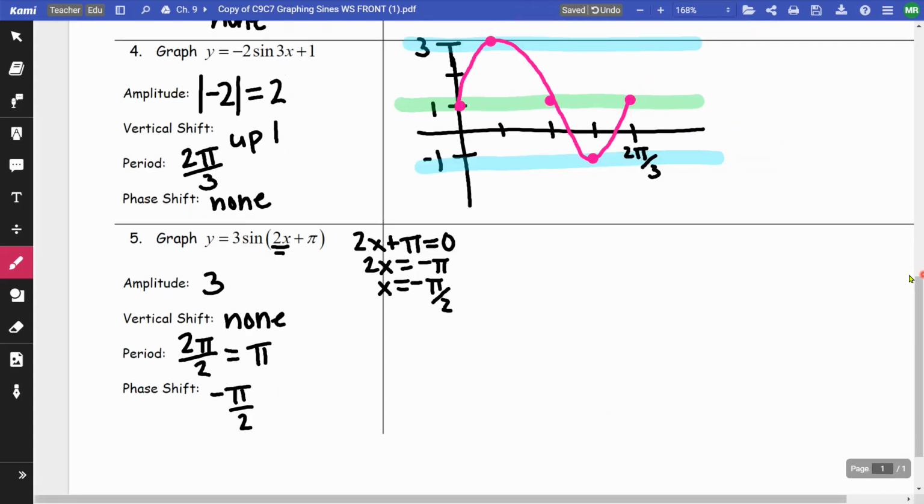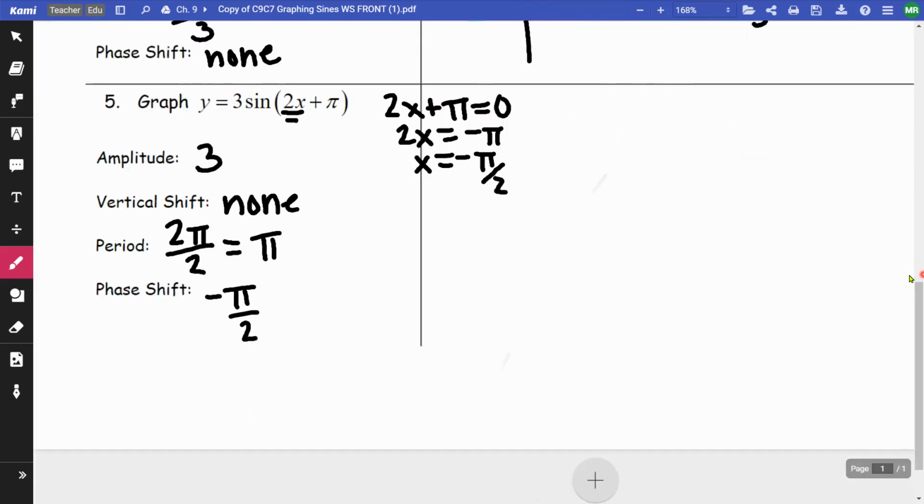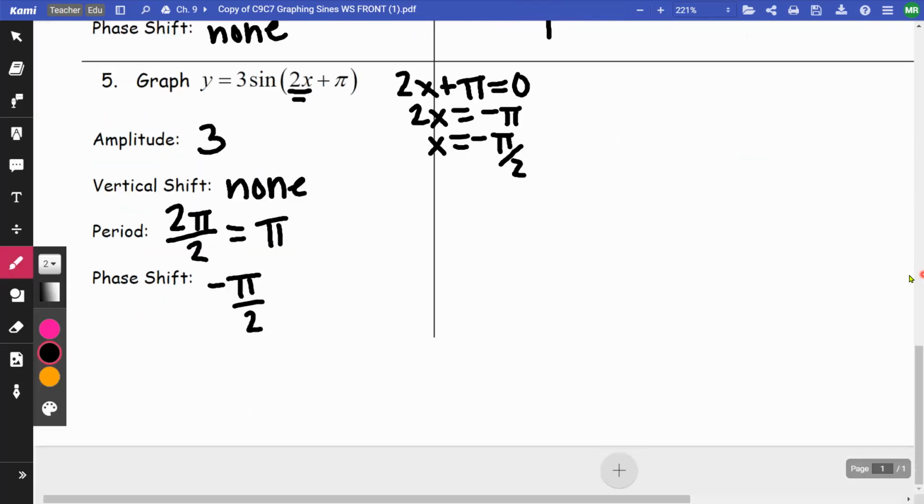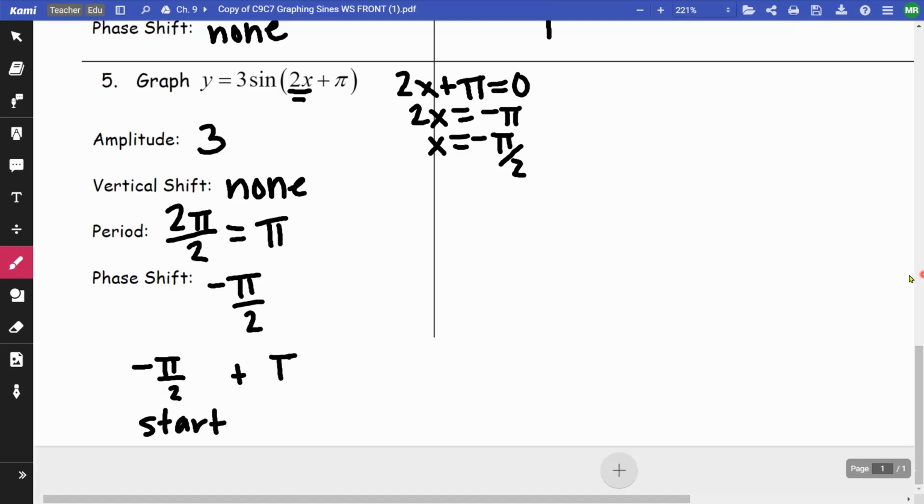Okay, so this one's going to be shifted. So I'm going to be starting at negative pi halves. That's my start. I'm going to be going pi away because that's my period. And when I add pi onto negative pi halves, I get positive pi halves.